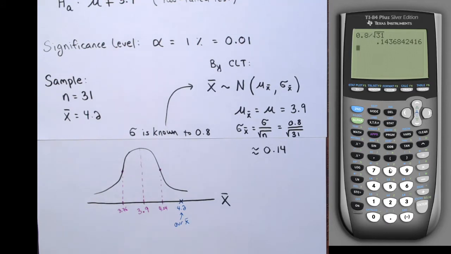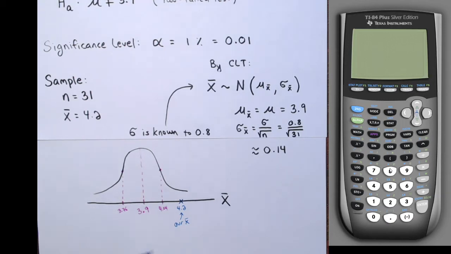Now the question is, is that too far away from the middle for us to like that assumption? Is assuming the mean is 3.9 a bad assumption? If this is too many standard deviations away, then yeah, we'll say it's a bad assumption. We'll reject the null. But if it's not that many standard deviations away, then we'll say it's okay. It's probably okay to keep assuming that the mean is 3.9. We won't reject the null.